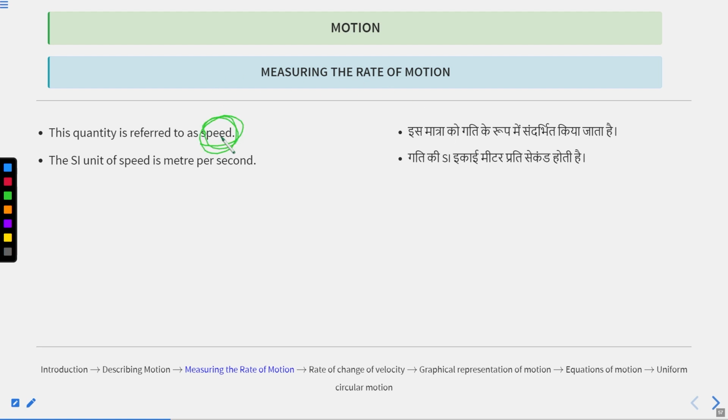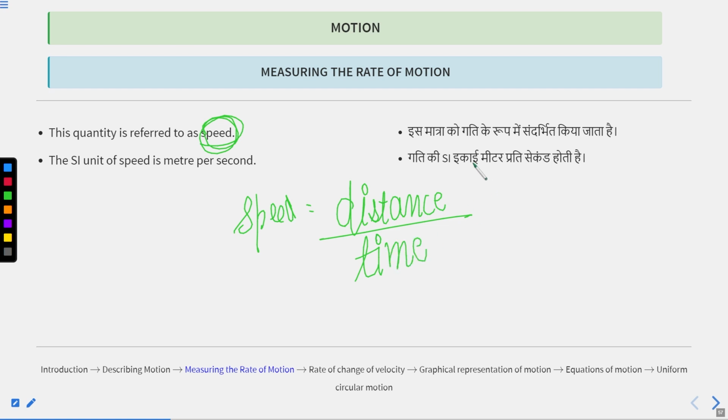Okay. What is speed? Speed is distance divided by time. This is speed.